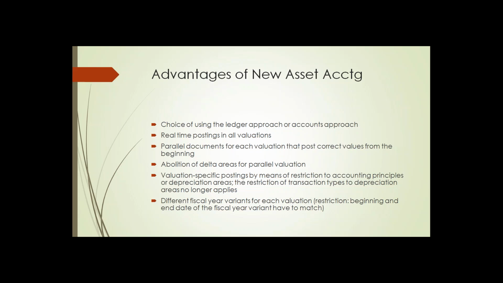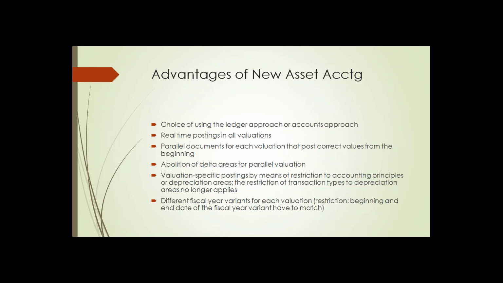But now going forward, because I'm not updating different tables, I'm updating only one table, ACDOCA, which stores the data of all different submodules, I don't need any reconciliation between the two submodules. It will be posted automatically in real time and for all valuations.